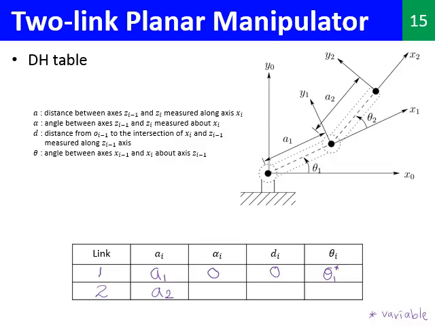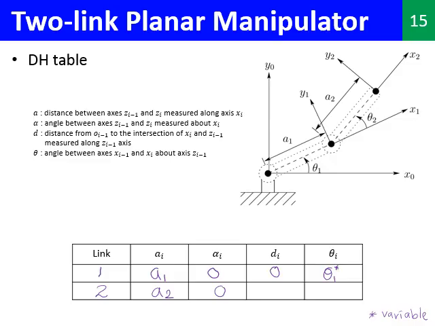Next we need alpha 2. Alpha is the angle between Z1 and Z2. Again, Z1 and Z2 are parallel, therefore the angle would be 0. So we can put 0 here. Then we need D2.